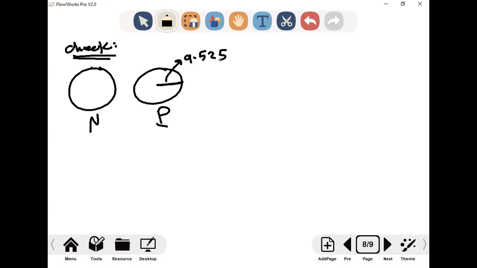The nickel has a diameter that is 2.16 millimeters longer than the diameter of the penny. But what's the diameter of the penny? This is the radius. Focus. Sorry, I thought you said 9.5. So if the radius of the penny is 9.525, the diameter for it is how much?